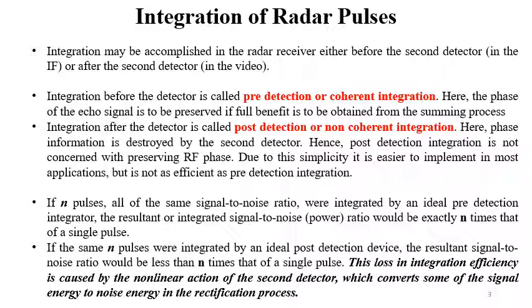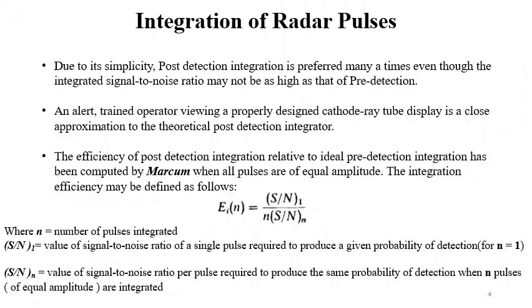This loss in integration efficiency is caused by the nonlinear action of the second detector, which converts some of the signal energy to noise energy in the rectification process. Due to its simplicity, post detection integration is preferred many times, even though the integrated signal to noise ratio may not be as high as that of pre-detection.